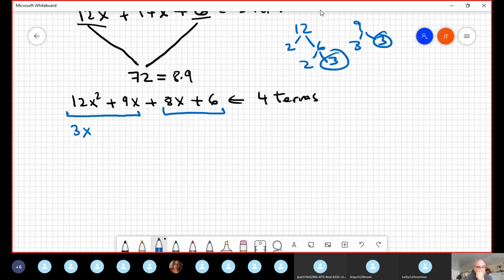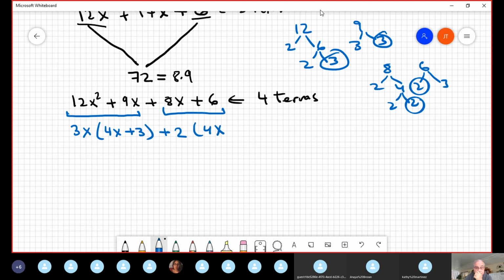Okay, 3x. So we have 4x plus 3. And the GCF in the second is 2. Between 8 and 6, it's all because of 2. That's 2, just 2. 4x plus 3.